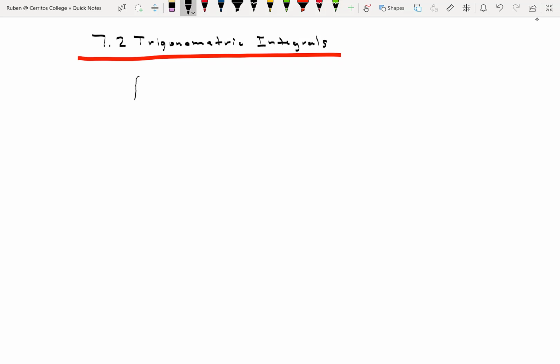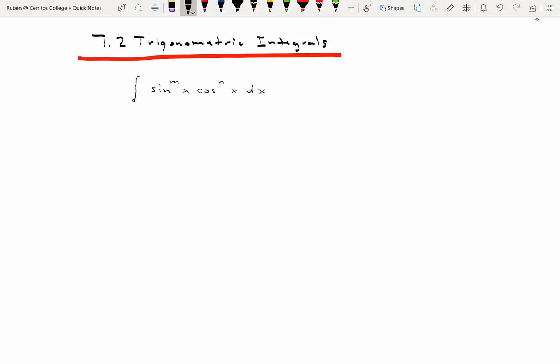The way our textbook illustrates that in the general form is we're looking at integrating sine to the mth power of x times cosine to the nth power of x dx, where m and n are assumed to be whole numbers. We've solved some of them.